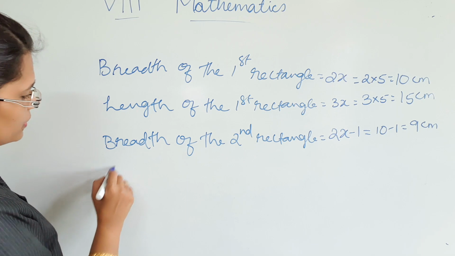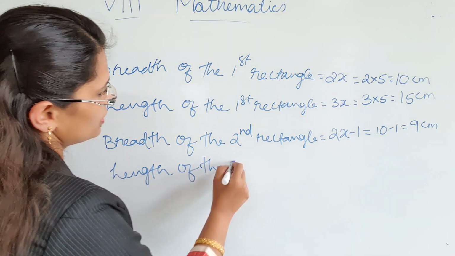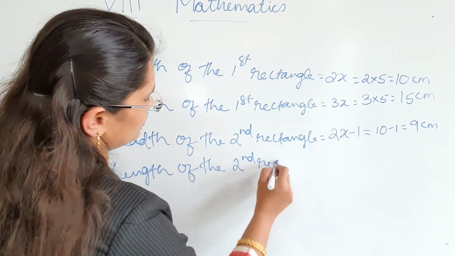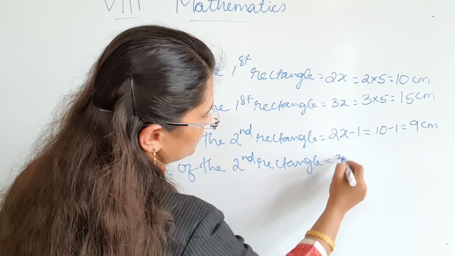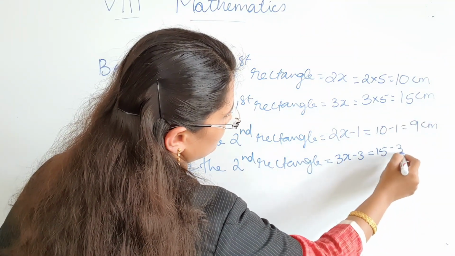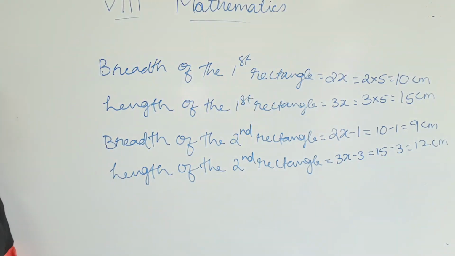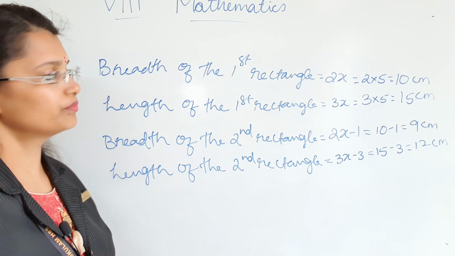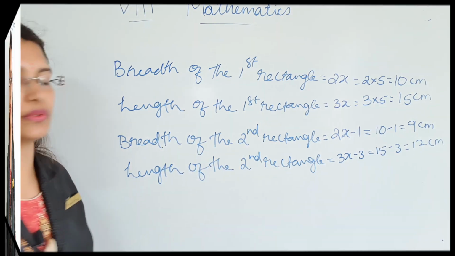Then length of the second rectangle is equal to 3x minus 3, right? What is 3x? 15. 15 minus 3 is equal to 12 centimeter. Is this clear, children? First find out the value of x, then substitute.